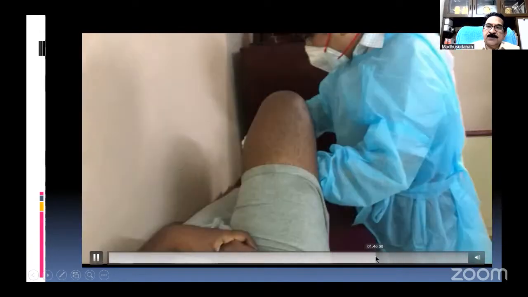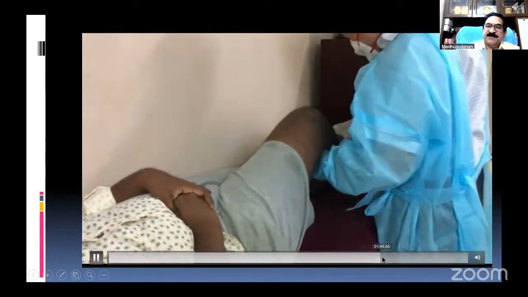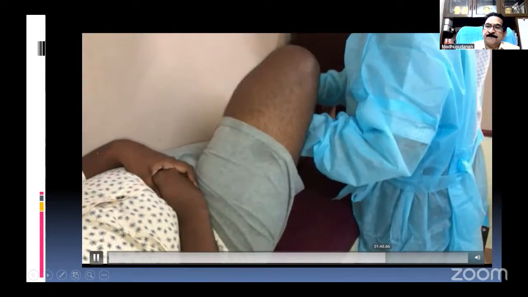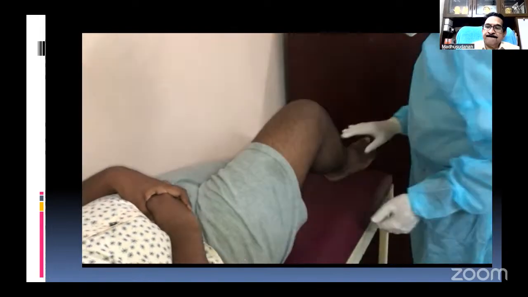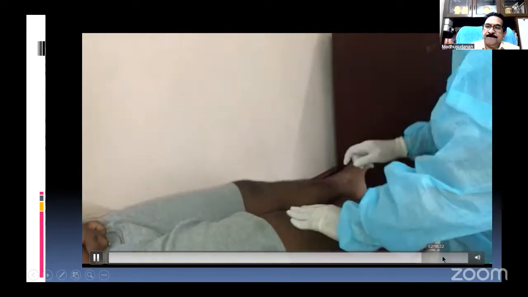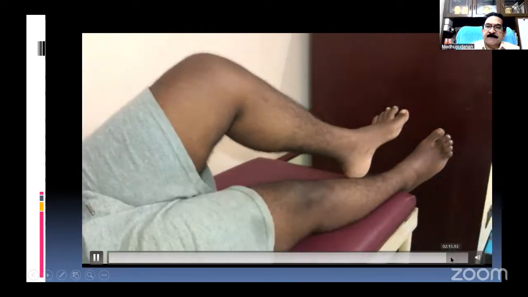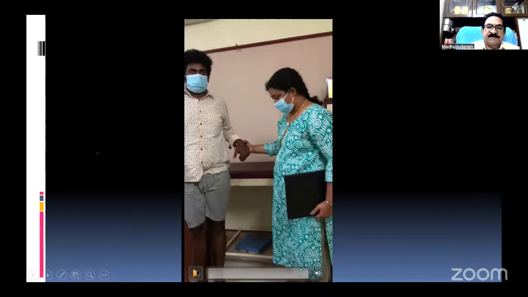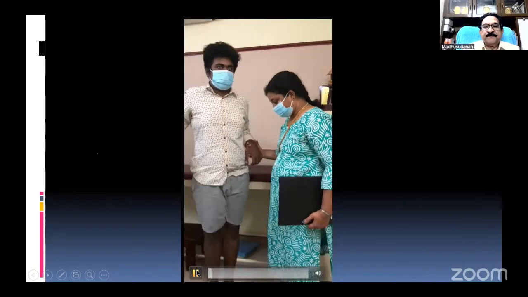And other things are normal. Heel shin test was positive. And this is the ataxia at that time, following the fever.